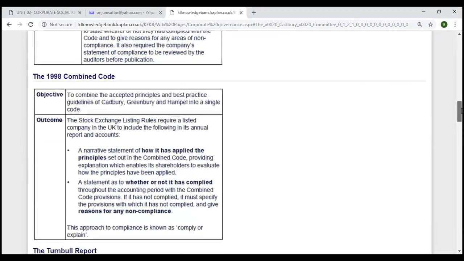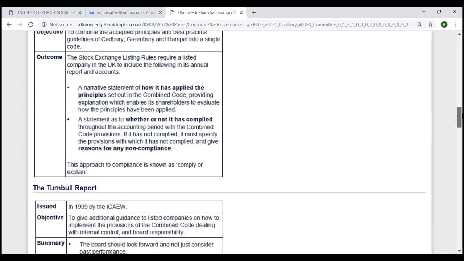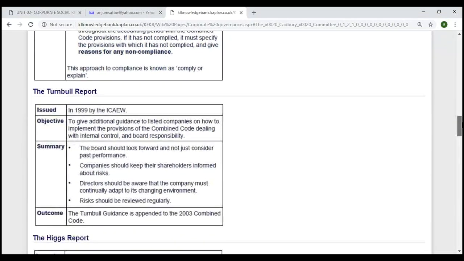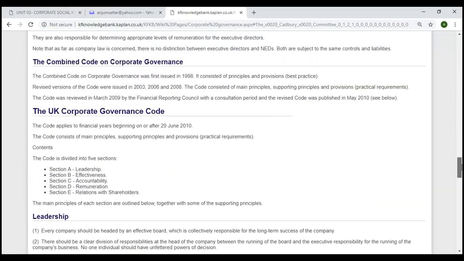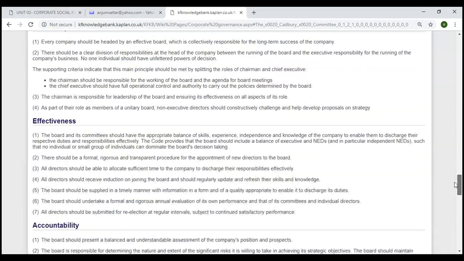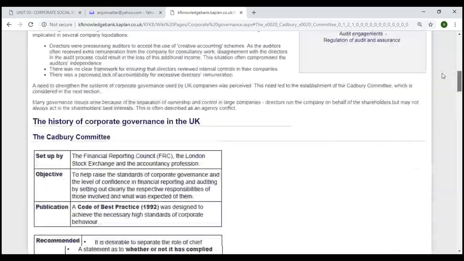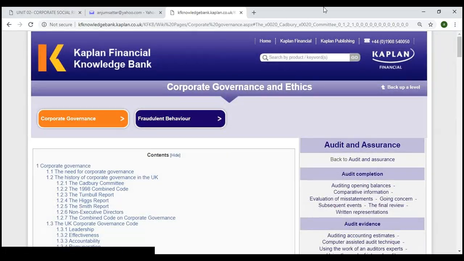All these things were discussed. Then combined codes were set up for the UK stock market, and then the Turnbull, Higgs and Smith reports came. Please go through them a bit until next lesson; all of it is about creating more transparency, fairness and effectiveness in corporate governance.